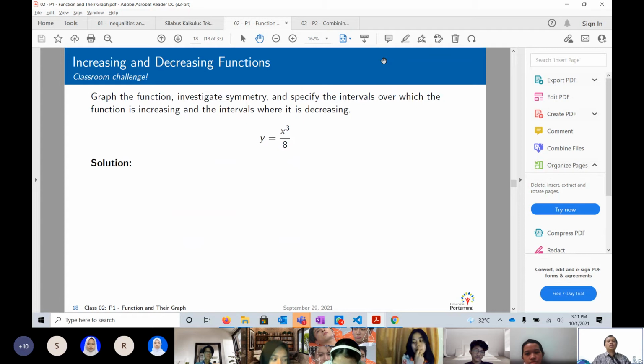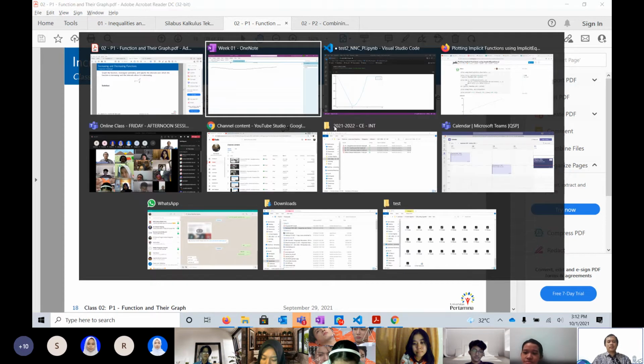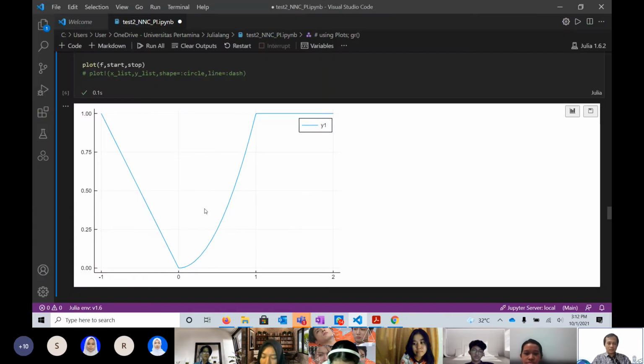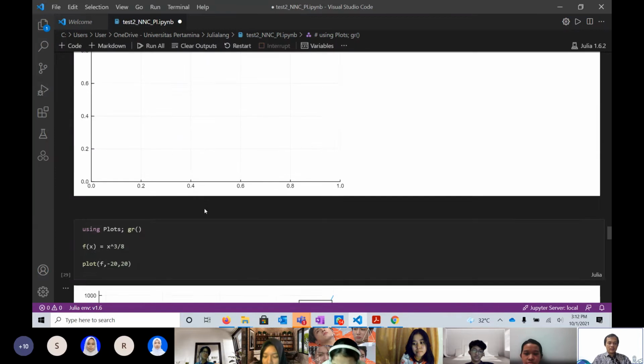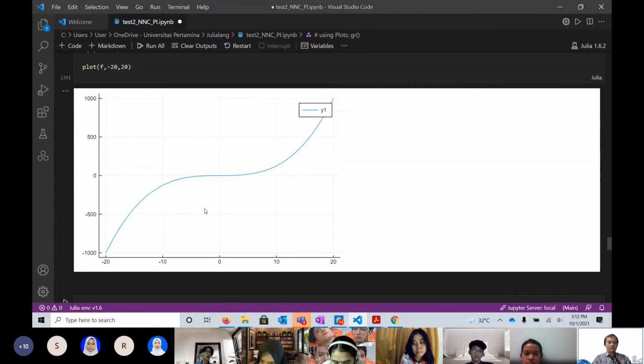Okay. Now, the challenge is we are asked to graph this function and determine the interval for which the function is increasing and the interval for which the function is decreasing. Well, I happen to have the plot here, actually, this one.